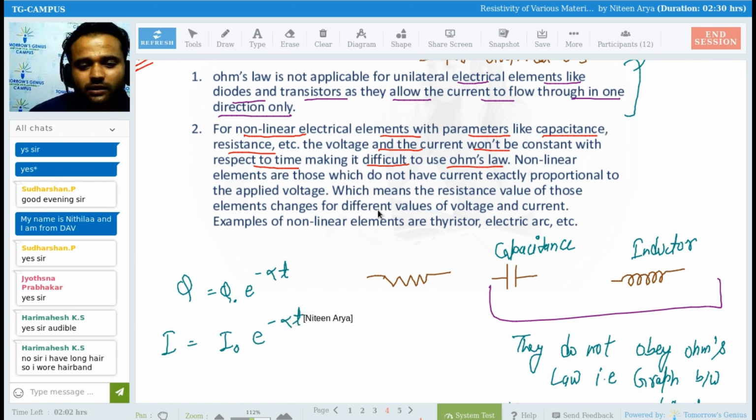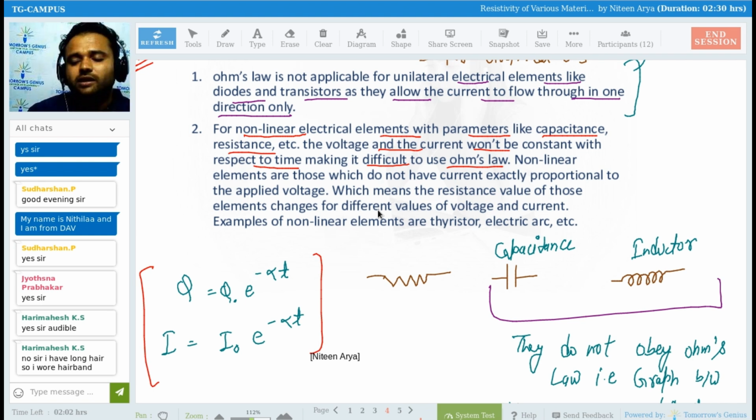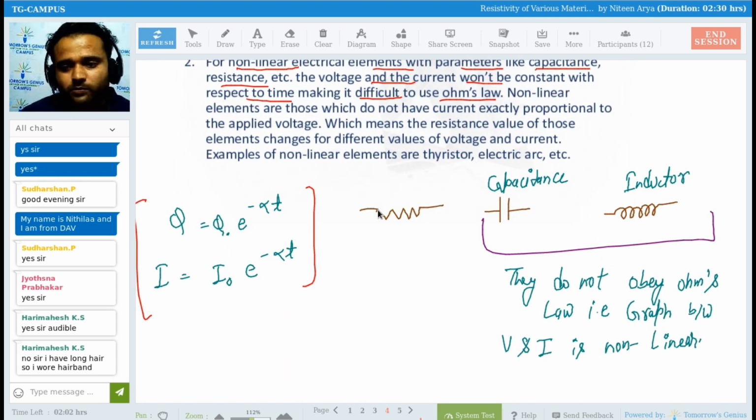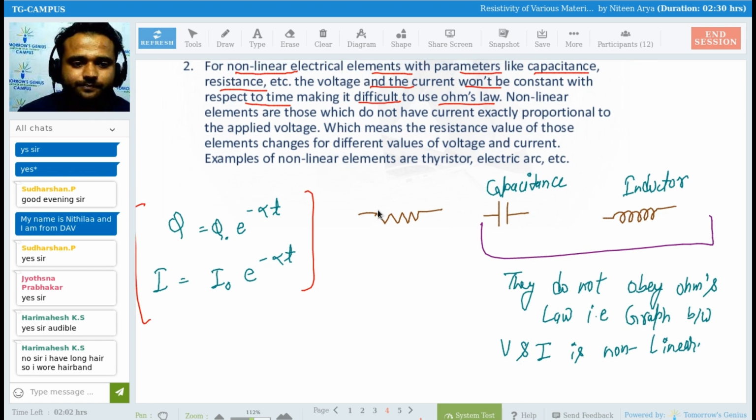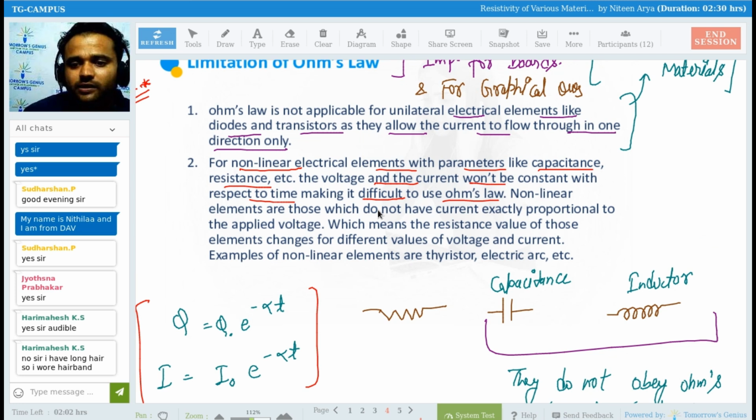This is some relation. Alpha is the time period, or you can say RC or something for capacitance. So this is not going to follow Ohm's law, as simple as that. This relation might be something else. I'm not sure about this, but the scenario is that capacitance and inductor do not follow Ohm's law. They do not obey Ohm's law, and the graph between V and I is non-linear. Clear, everyone? That is why it is important.